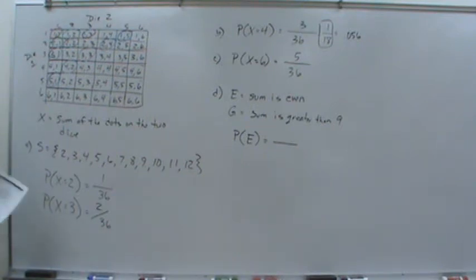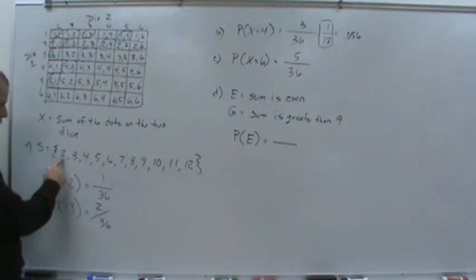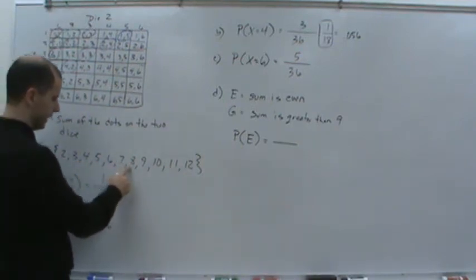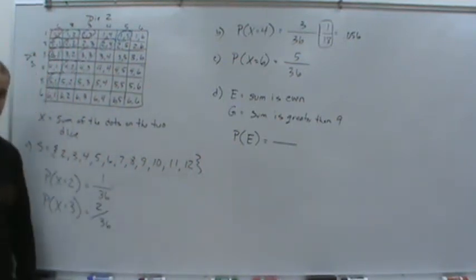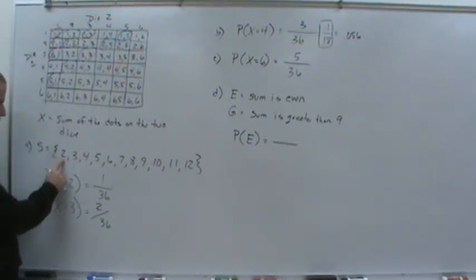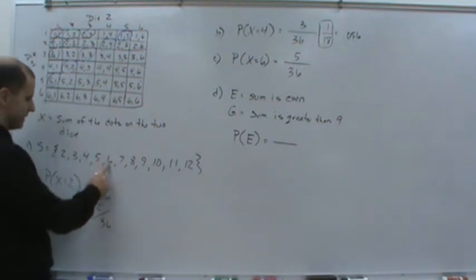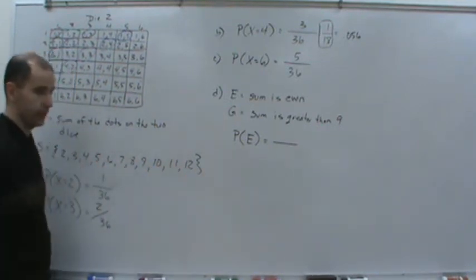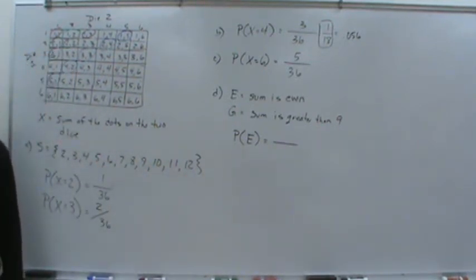Well, that means I'm either going to get a 2, 4, 6, 8, 10, or 12, right? So I need to find the probability of getting a 2, a 4, a 6, 8, 10, and 12, and then add all those individual probabilities up, okay?